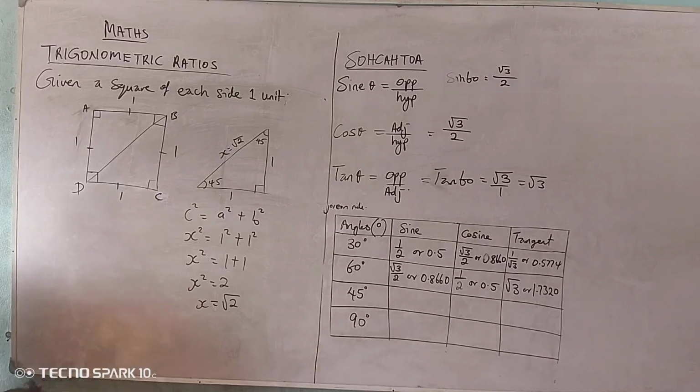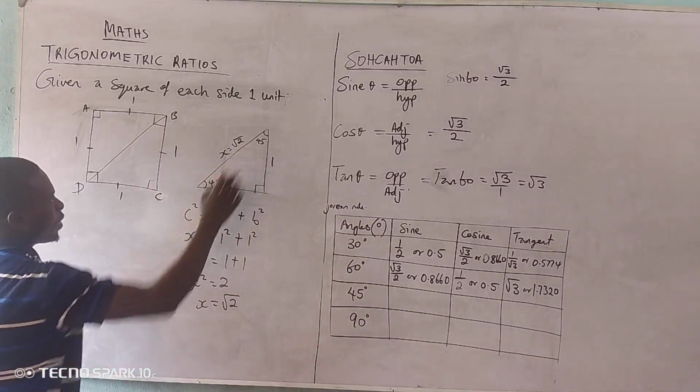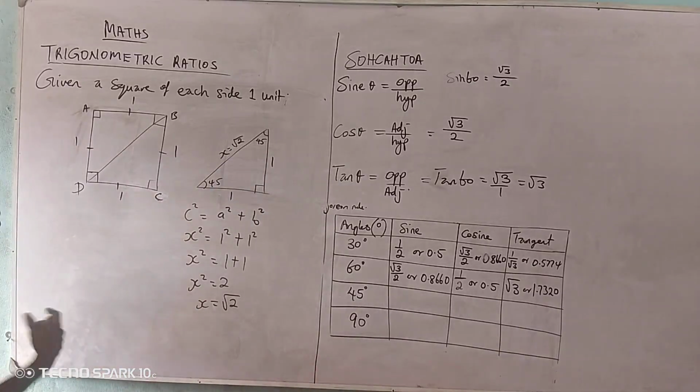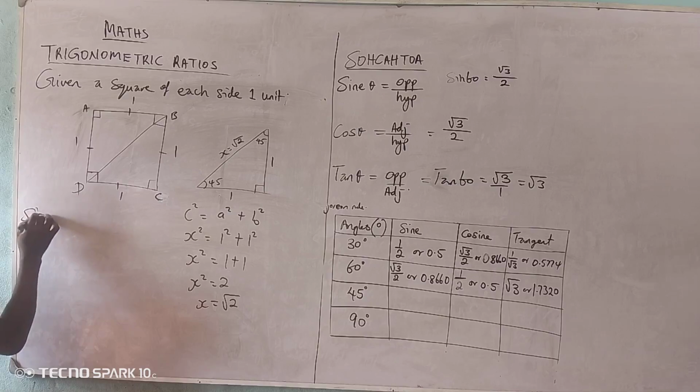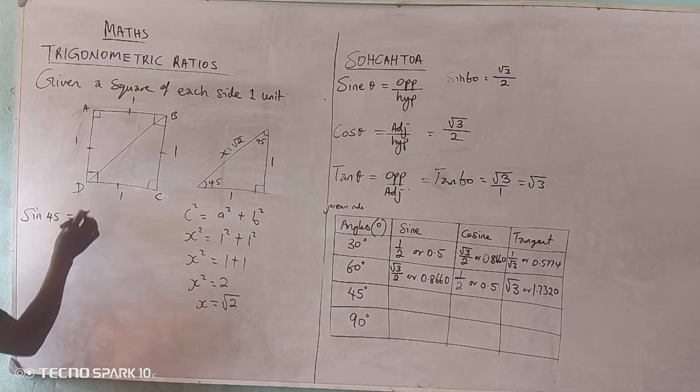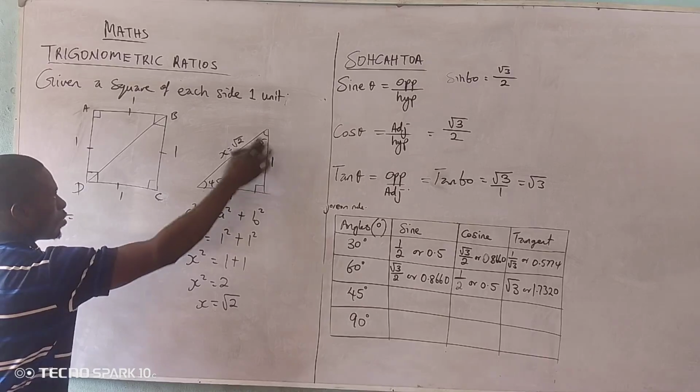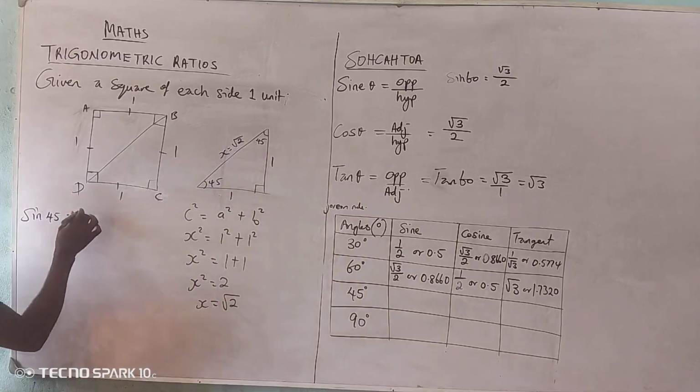So now, using this triangle, let's find sine 45, cosine 45, and tangent 45. Sine 45 is equal to opposite over hypotenuse, which is opposite of 45 here is 1, hypotenuse is root 2. So 1 over root 2.